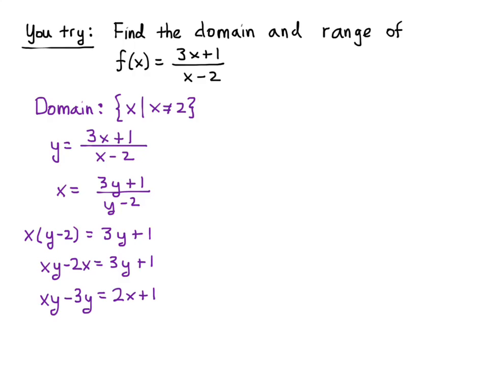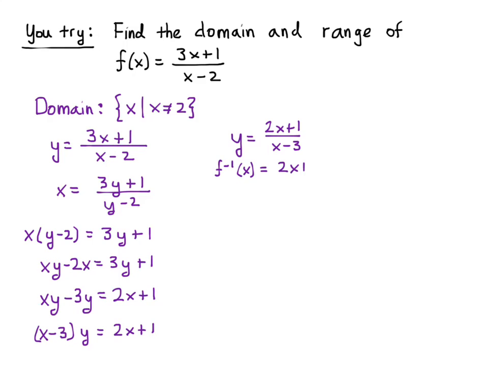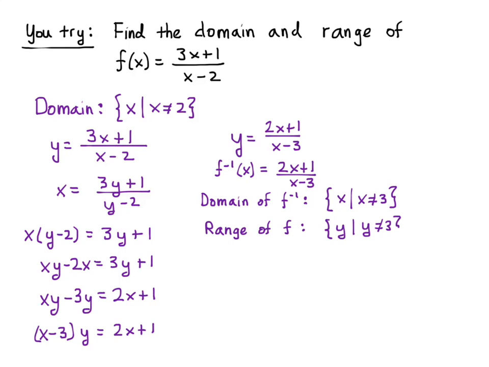Here again I'm going to put all the y's on one side and then factor out the y. And so I have my inverse here. I know now that the domain of the inverse is going to be x can't be 3, so I know that the range of the function is going to be y can't be 3. There's no way that you can set that function equal to 3 and find an x that conforms to that.